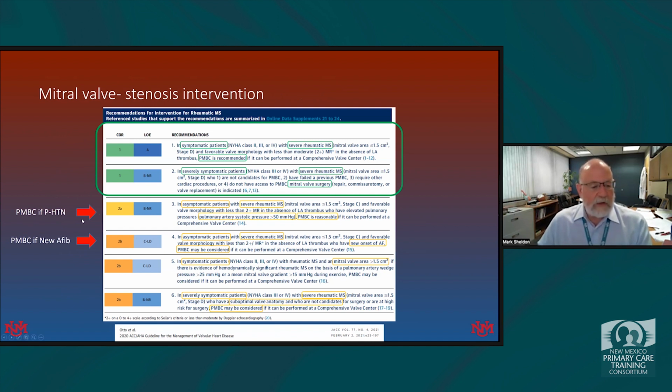The bottom line is that in asymptomatic patients, things that may push you to doing definitive interventions earlier, especially if you can do a valvuloplasty, are presence of pulmonary hypertension or new AFib. Those are both triggers in your mind that should say, maybe we ought to consider doing this even though they are asymptomatic with severe mitral stenosis.